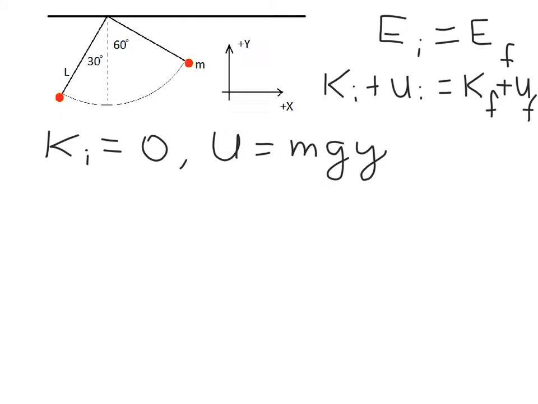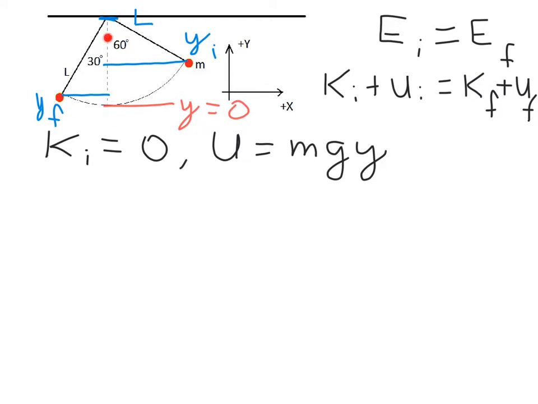So we need to know the y-coordinate here and the y-coordinate here. Let us pick this position, the lowest position of the object, as y equals 0. That way all our positions will have positive y-coordinates. So now we mark y equals 0 at the lowest position. We have y initial is the initial height at the starting position, and y final is the final height.